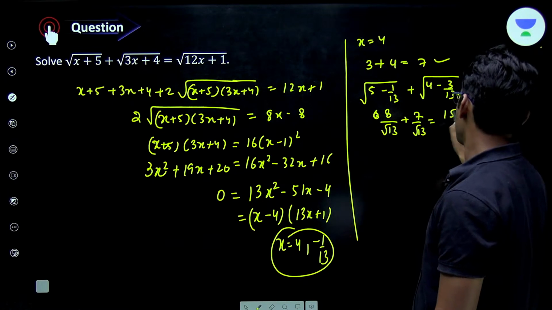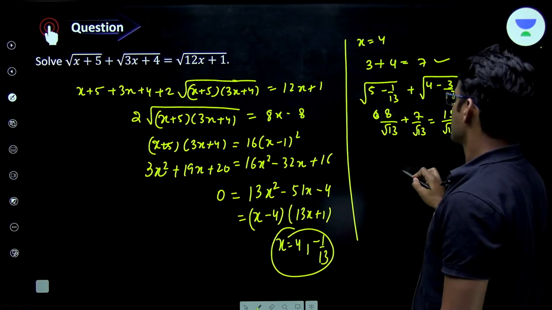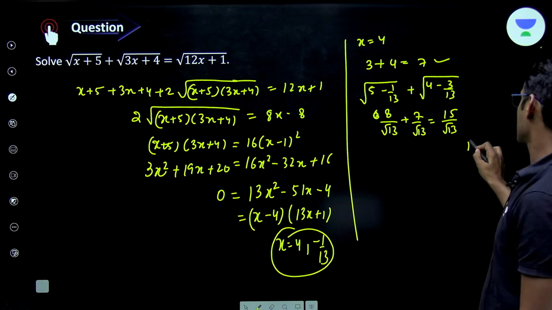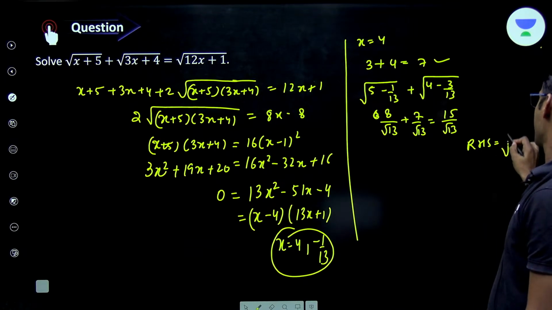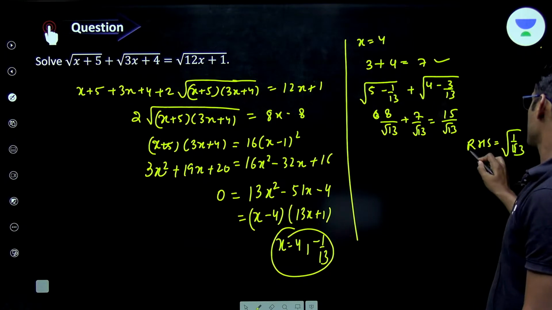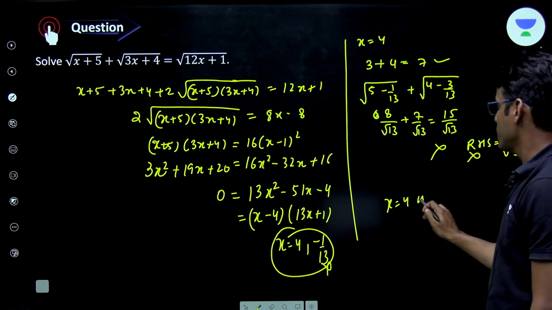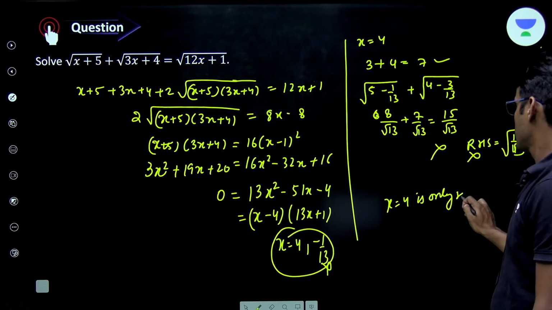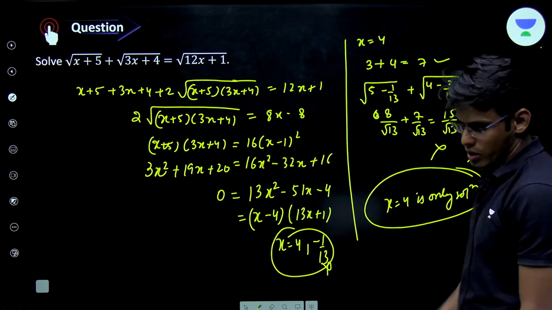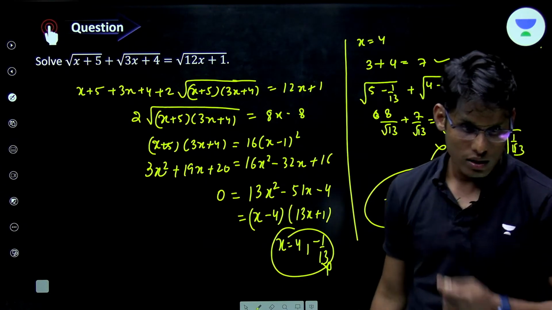This gives me 15 by root 13. And RHS will be 1 by root 13. So it does not match. So this is rejected. x equals 4 is the only solution. Getting my point? This is the only solution.